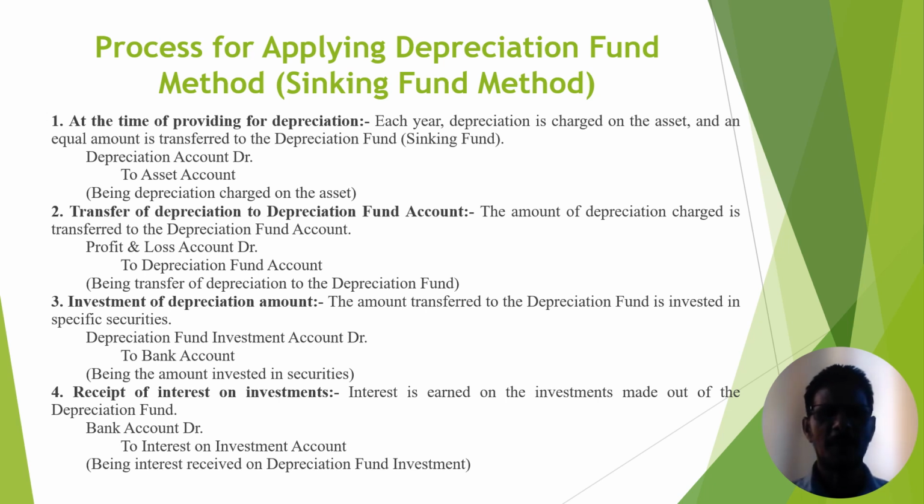after that, investment of the depreciation amount: this depreciation amount is invested in the market. For this, we prepare the journal entry: depreciation fund investment account debit to bank account. Now after that, on this investment we receive interest. So for interest, we prepare this journal entry: bank account debit to interest on investment account.